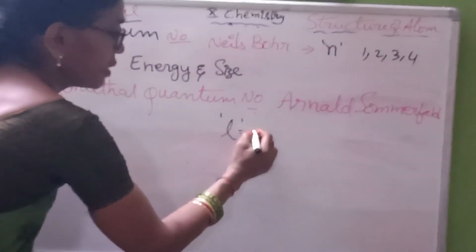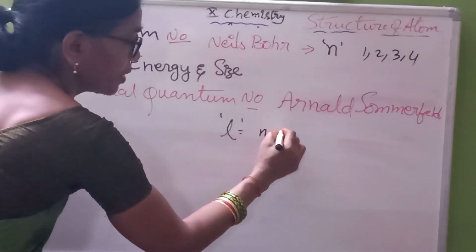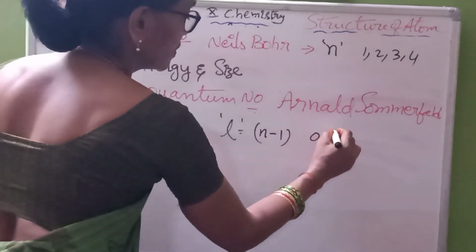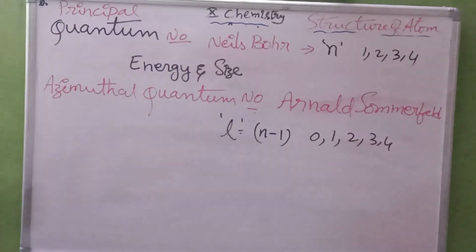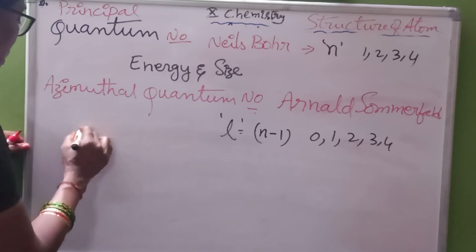But for finding the L value, we use the formula n minus 1, so its value starts from 0, 1, 2, 3, 4, and so on. It gives the shape of the atomic orbitals.